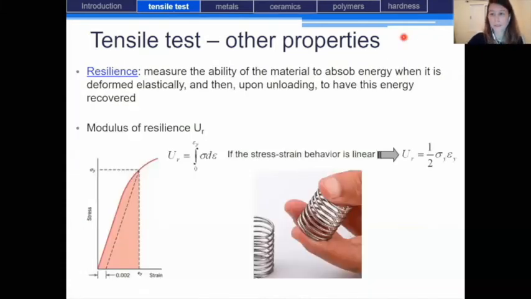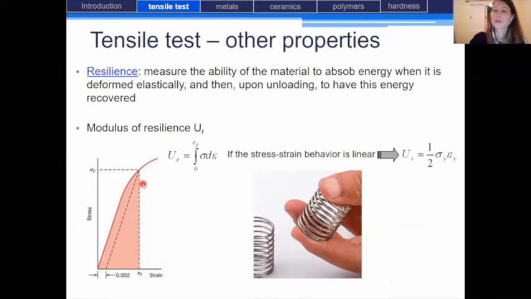So finally, we can define the resilience, which measures the ability of the material to absorb energy when it is deformed elastically, and then upon unloading to have this energy recovered. So it is a little bit like a spring. We deform it elastically when we compress it. It absorbs energy, and it is able to recover this energy when we release the compression load applied on this spring.